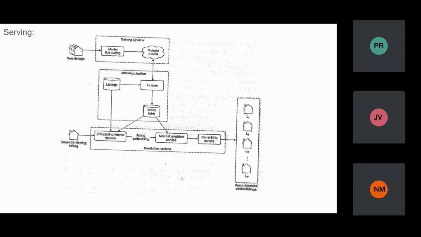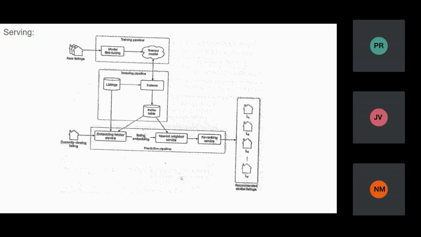So this is the overview of the whole feature that we have discussed. Starting with the training pipeline, which is responsible for adapting to the new data of listings and the user interaction data.